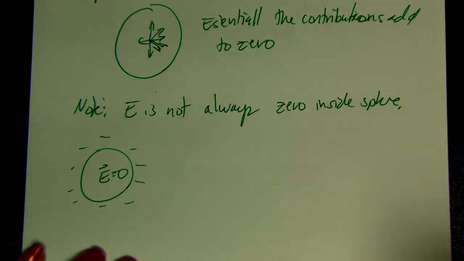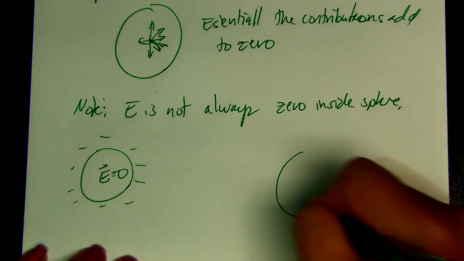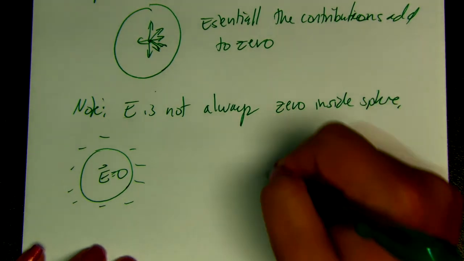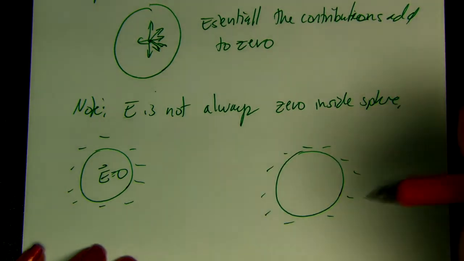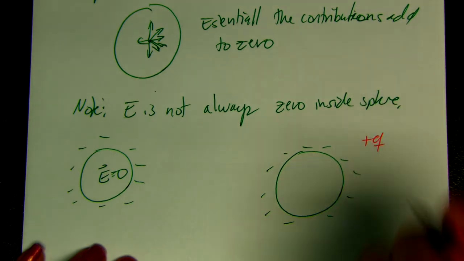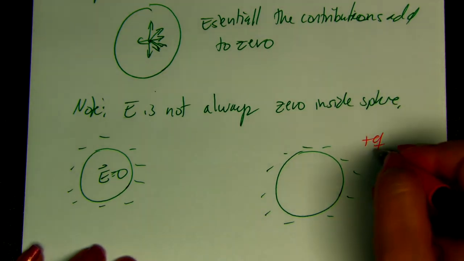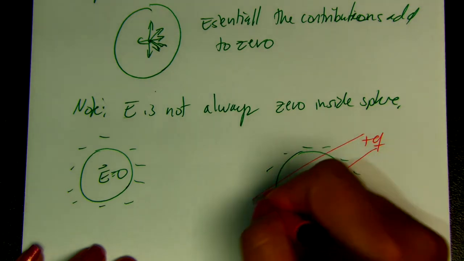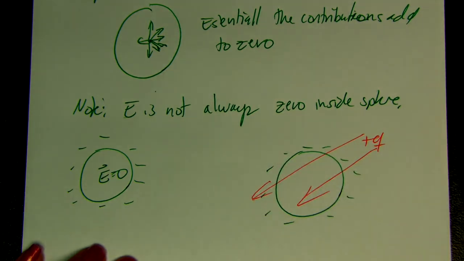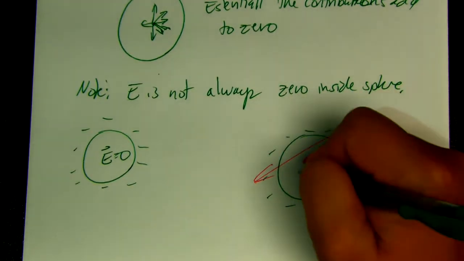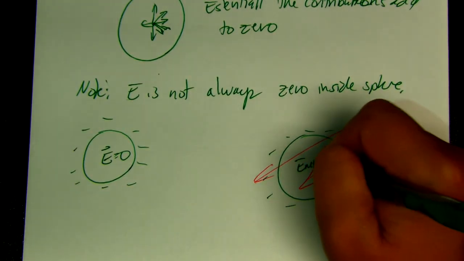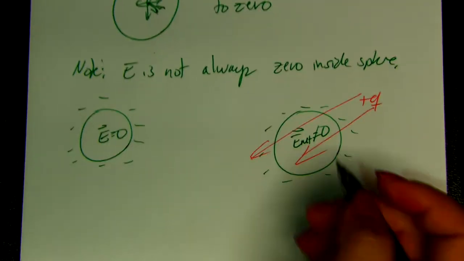However, if you were to take the same sphere and then put a little point charge outside, this would be contributing a field that would go through that sphere. But the only net field there would come from the charge, not from the shell itself. So it would be E net, not 0.